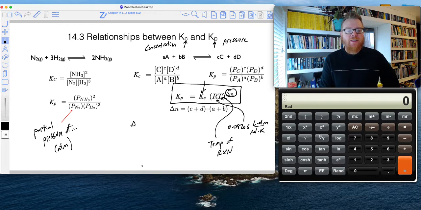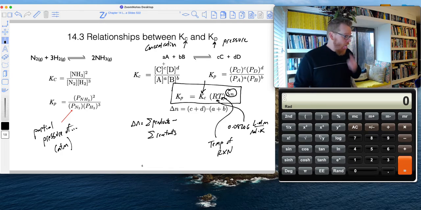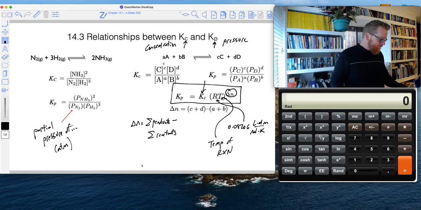So really, this delta N is the sum of the products minus the sum of the reactants, right? So this C plus D, we add up the stoichiometric coefficients for the products. And then we subtract that from the sum of the stoichiometric coefficients of the reactants, okay?